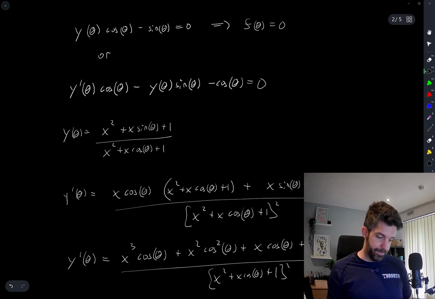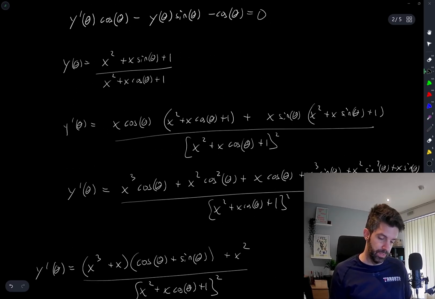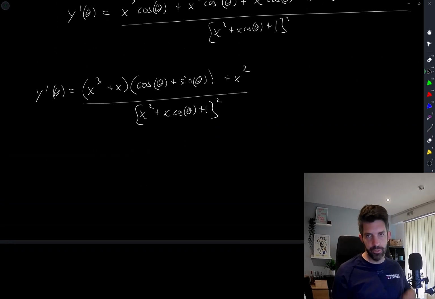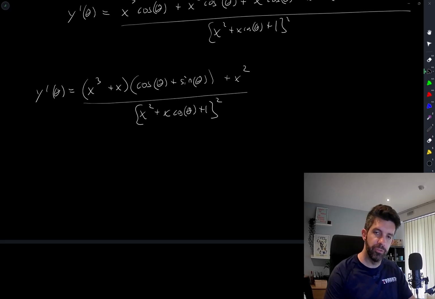So that's y prime, and we still need to substitute the rest of this and set it equal to 0. This is really messy. This can't possibly be the simplest way of figuring this out.